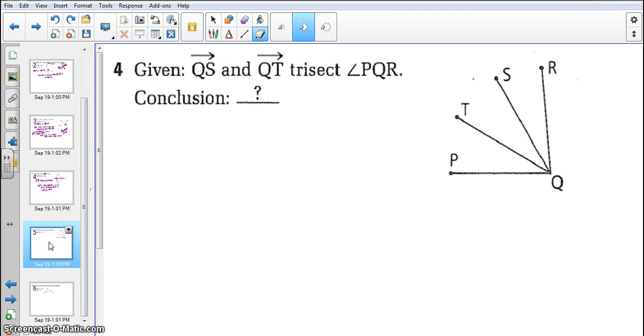Let me actually put something in this diagram that will help us a little bit. I'm going to label these angles as 1, 2, 3. At this point in time, I would like you to actually go ahead and pause, take a look at the given statement, look at your keywords and symbols, come up with a conclusion, and then go ahead and write your conclusion and if-then statement that supports that.